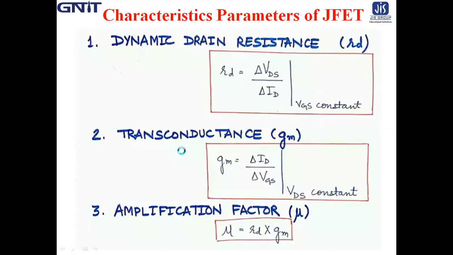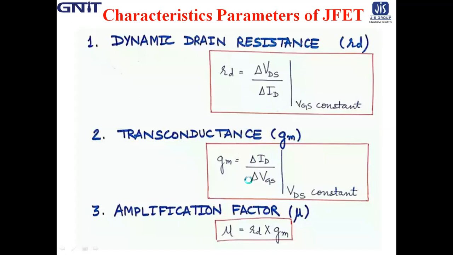Next is the transconductance, denoted as GM. The ratio of small change in drain current to the corresponding small change in gate to source voltage for constant drain to source voltage is called transconductance, denoted as GM, and GM equal to delta ID by delta VGS when VDS is constant.